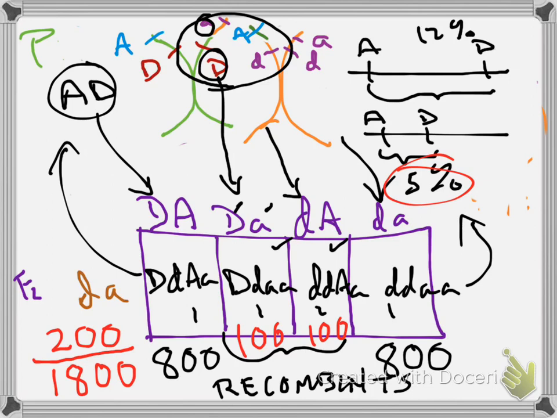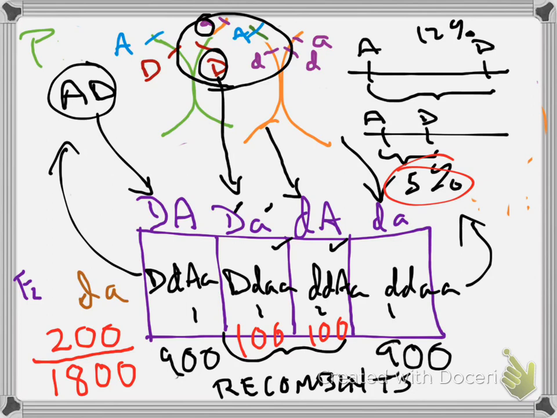Okay, in fact, let's make our math even easier. Let's say instead of 800 offspring here, I got 900 offspring.